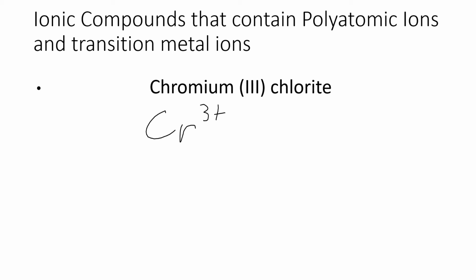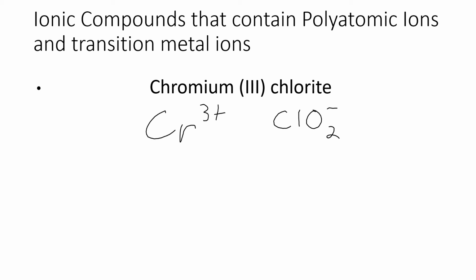Now chlorite is one of those polyatomic ions that you're going to have memorized. The formula and charge on chlorite is ClO2 with a -1 charge.